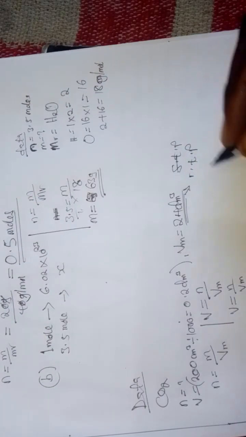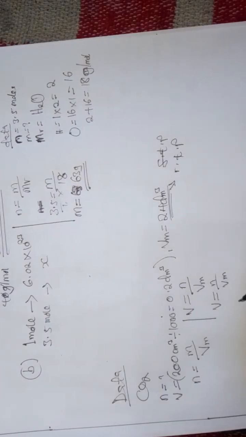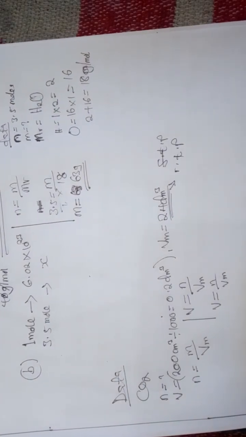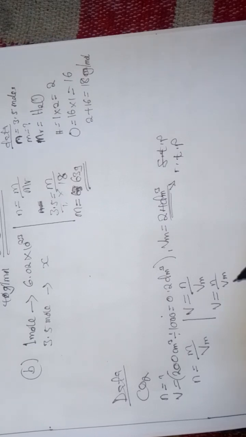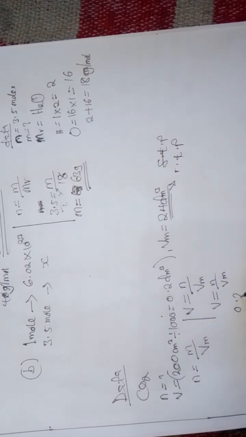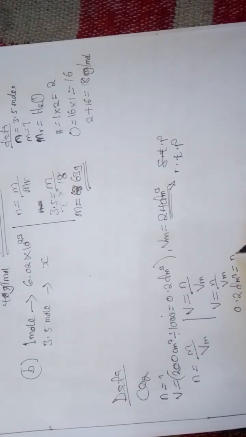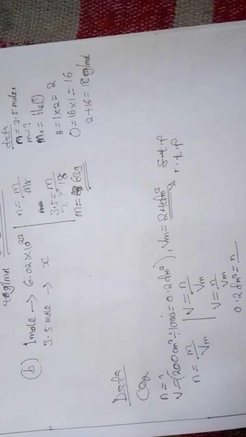Coming to our formula, our volume that we calculated is 0.2 decimeter cubed, equal to number of moles, which we don't know, over the molar volume at room temperature, which is 24 decimeter cubed.